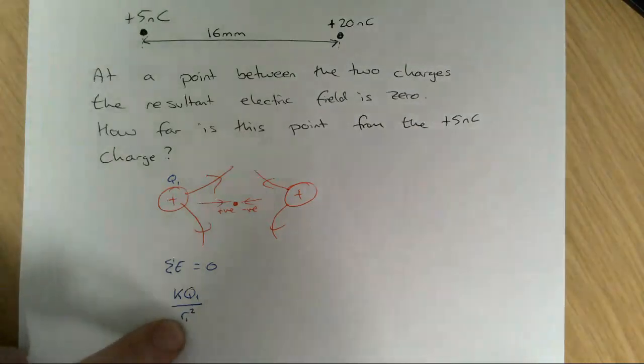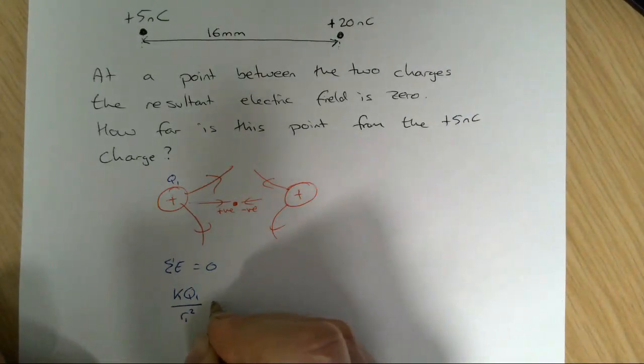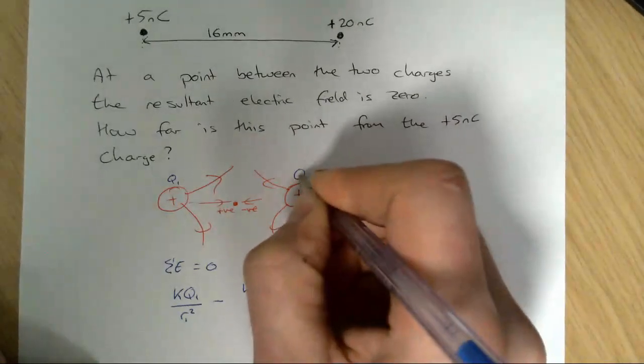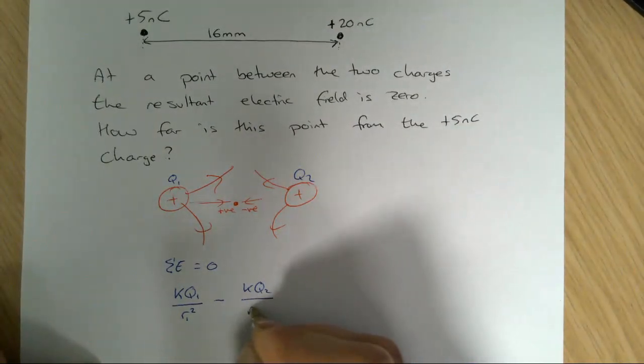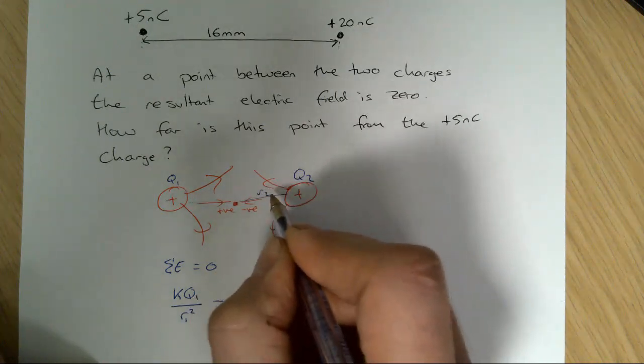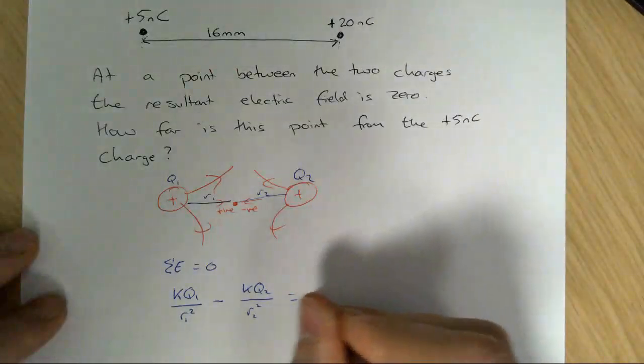I'm just going to put R1 for now because we don't know what this distance is, and that is going to be minus the field from the other charge, so k, we'll call this one Q2, over R2 squared, because again we don't know what this distance is. We've called that R2, we've called that R1, and that is going to equal 0.